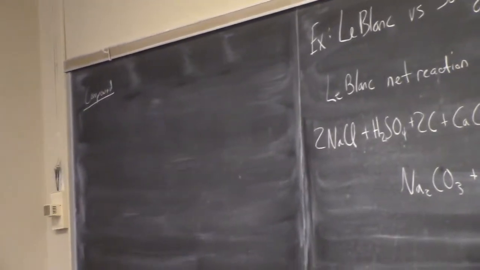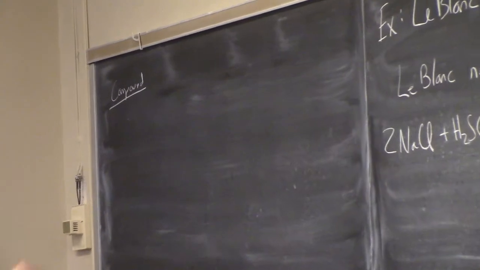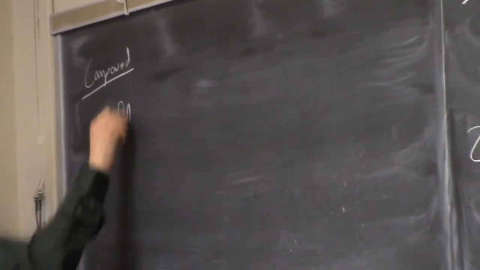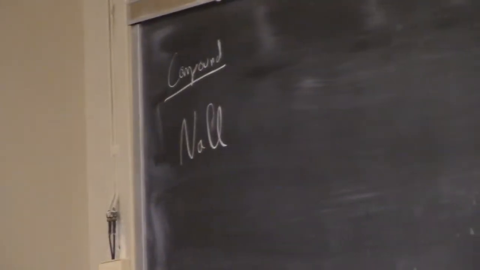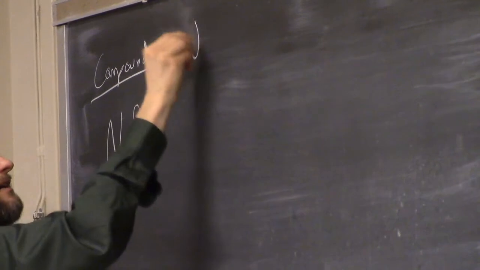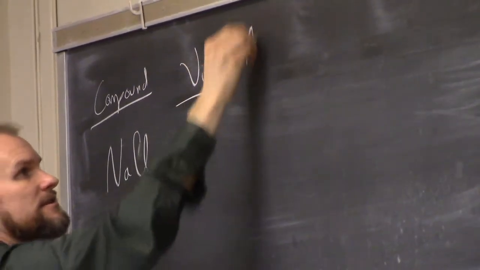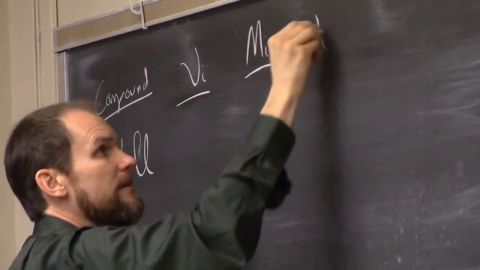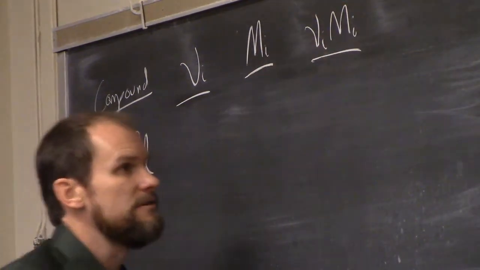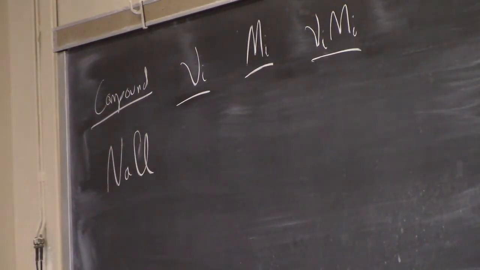The easiest way to do this is to make a table. So what I want to do is list the compound, the stoichiometric coefficient, and the mass for the reactants, and then the product, the stoichiometric coefficient and the mass.